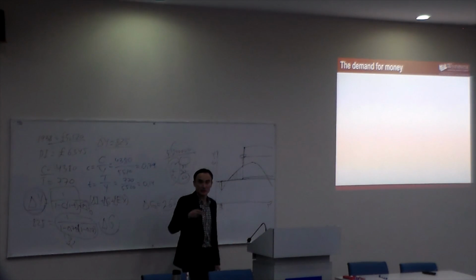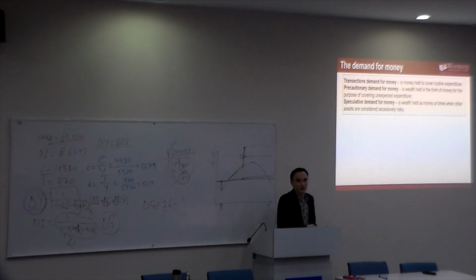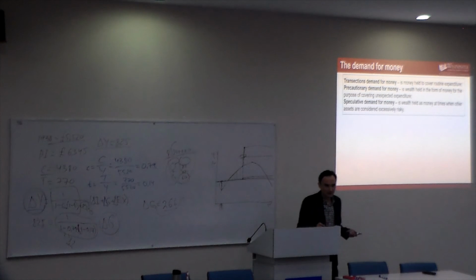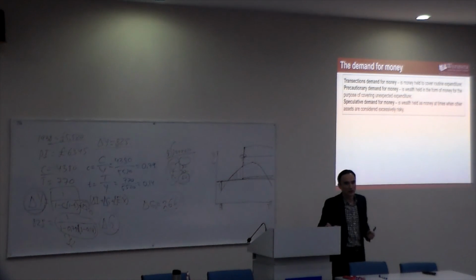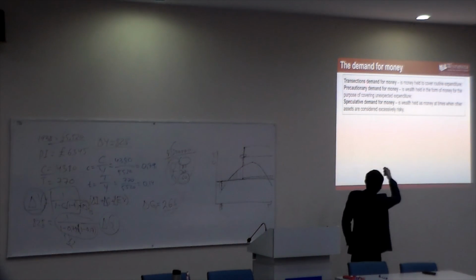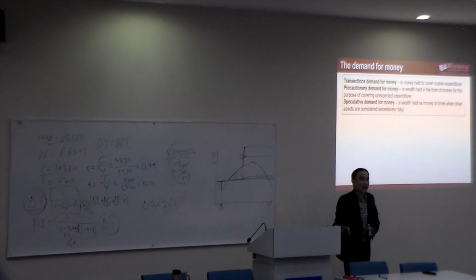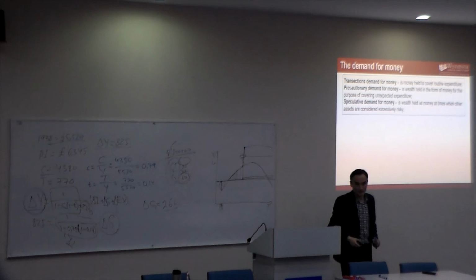So now let's consider the demand for money. Why do we need money? First of all, because of transactions, right? We go to the restaurant or we pay for transportation, whatever. That money we always use. And people try to save some money for precautionary purposes, right?